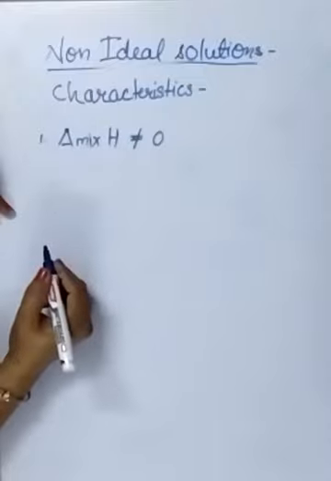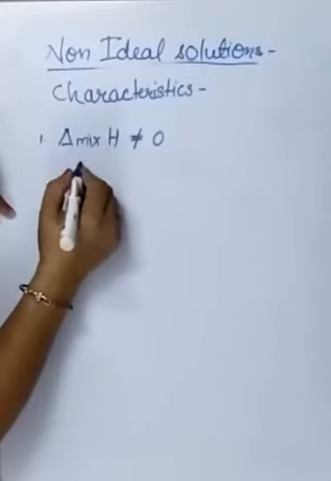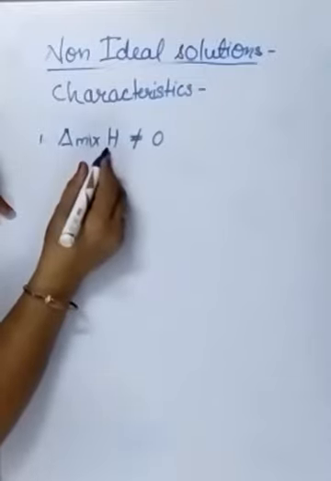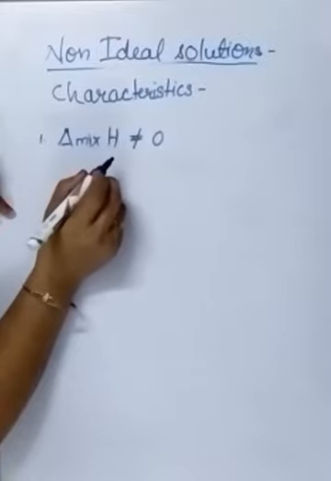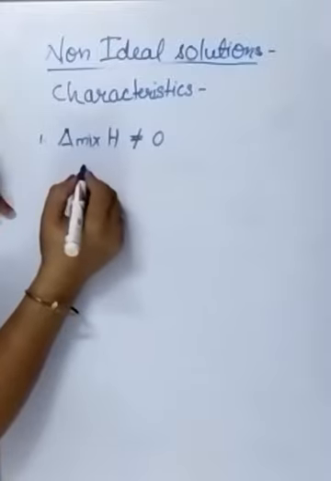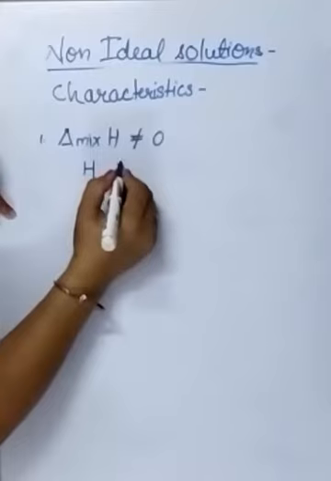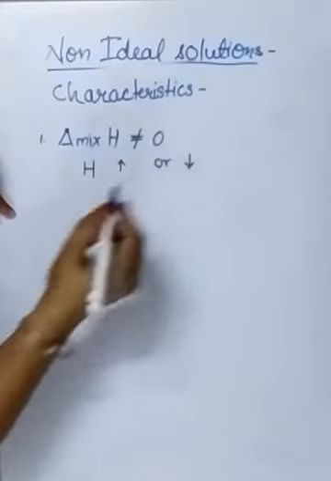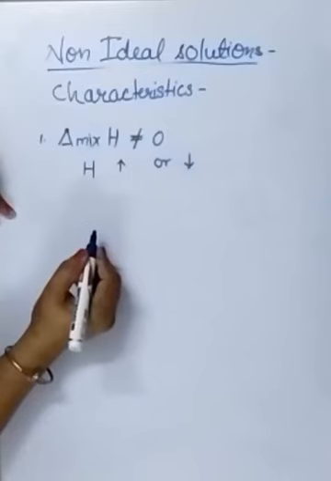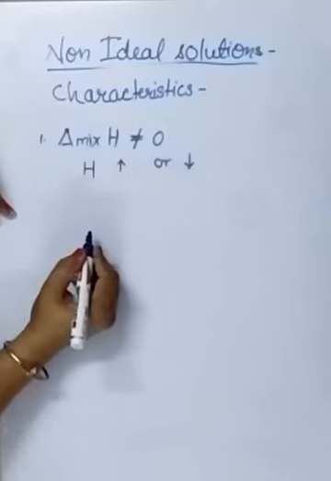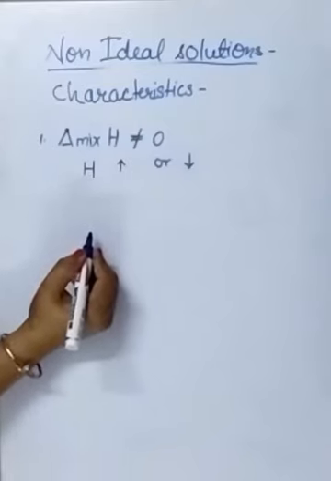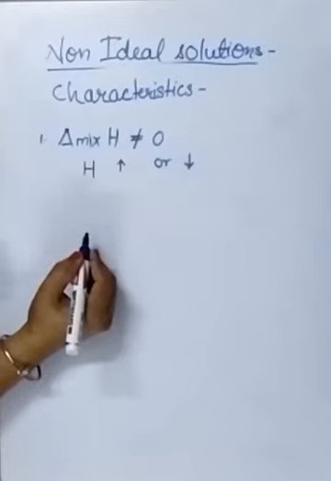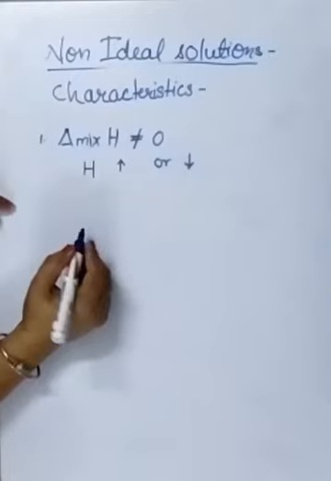That means it will be either greater than 0 or smaller than 0. That means the total enthalpy either increases or decreases on mixing the two components. That means it changes.